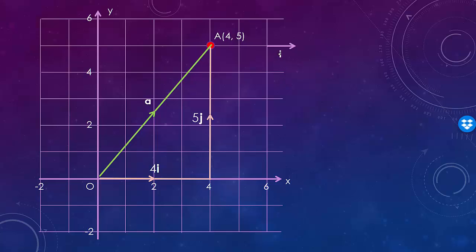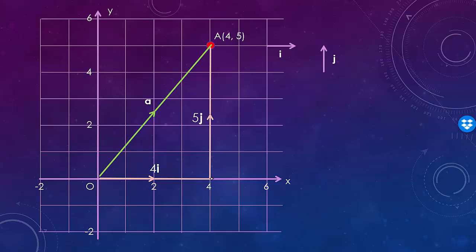The vector i is a vector that's 1 unit long in the x direction. A vector that's 1 unit long is known as a unit vector. So i is a unit vector in the x direction. Hence, to go 4 units across this way is 4i. j is a unit vector in the y direction.